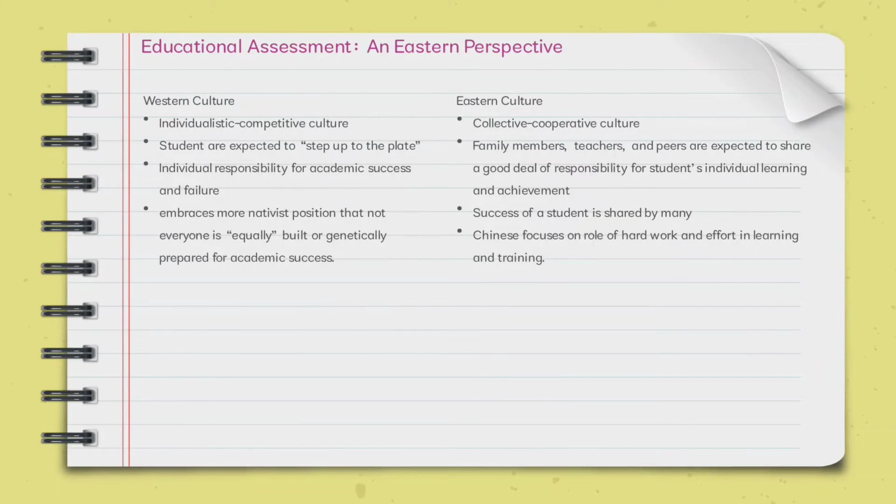And by contrast, in Eastern culture, they are collective and cooperative cultures like the ones that exist in China and Japan. So, family members, teachers, and even other peers are expected to share a good deal of the responsibility for the individual student's learning and achievement. So, the degree of this shared responsibility tends to grow into mutual obligation as the students progress through the educational system.